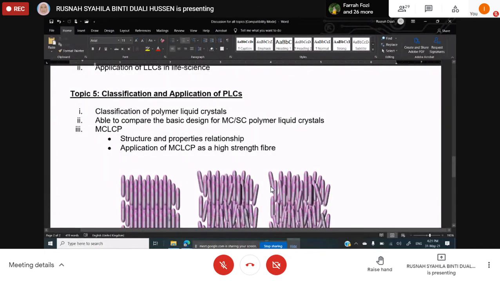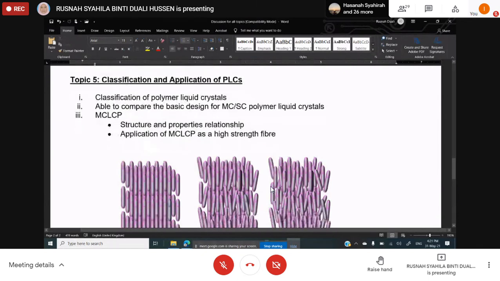Now our last topic, polymer liquid crystal. We learn about the classification and then relate that with the application. We have discussed the classification of polymer liquid crystal. We looked at the basic structure of main chain and side chain polymer liquid crystal.